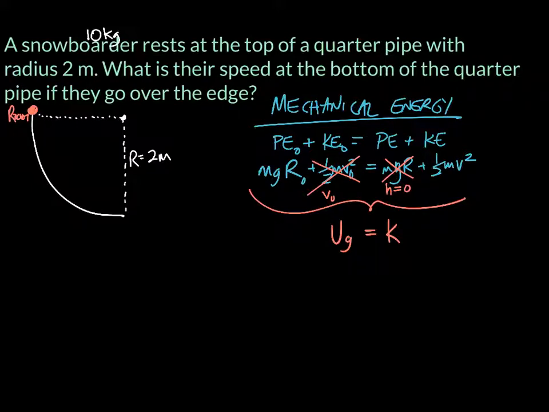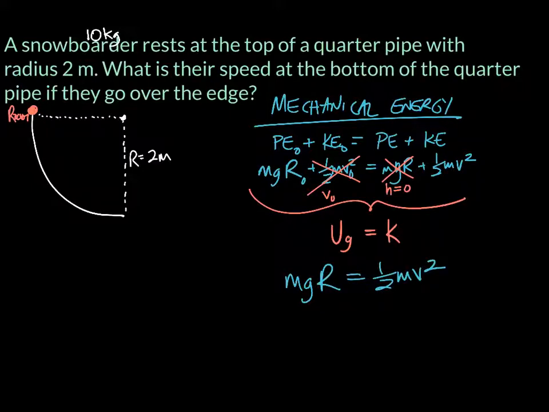And right before it hits the ground, it'll have some speed that's associated with its kinetic energy. It's one exchange. So same things here, just it's an exchange over a curved path that we're assuming is frictionless because it's snowy, icy. All right. So again, we just have mgr is going to equal half mv squared.